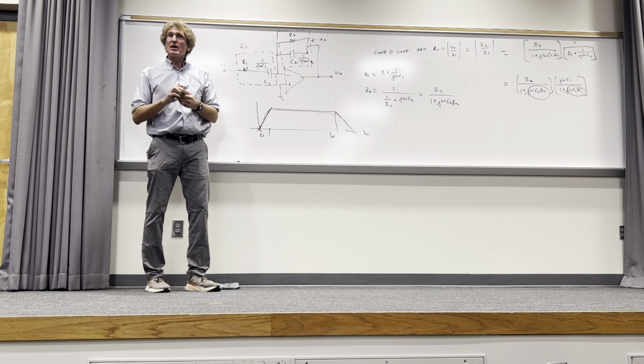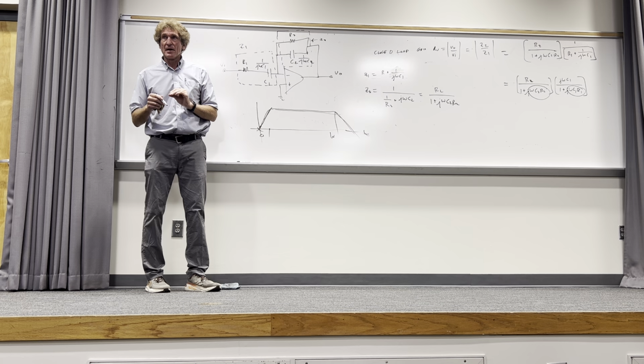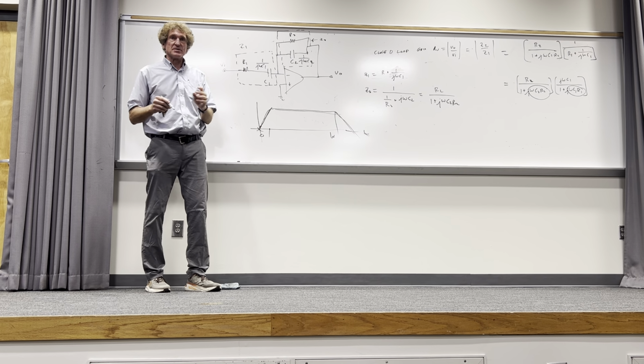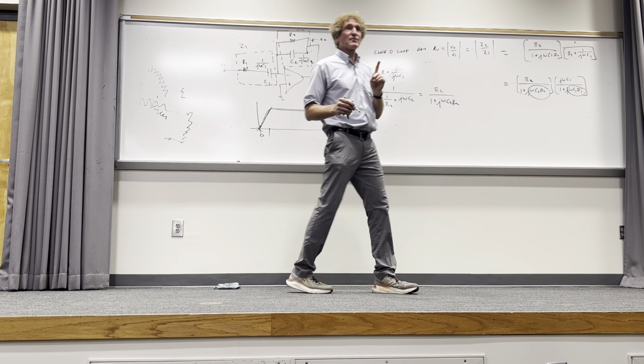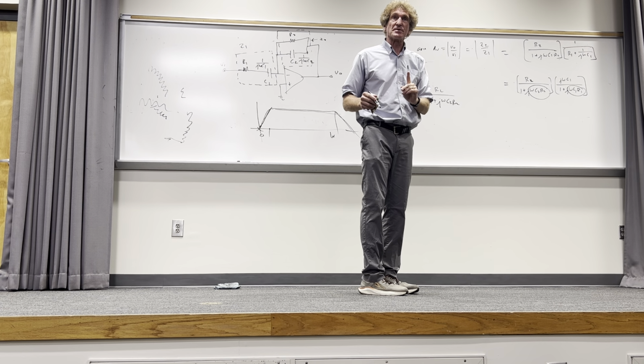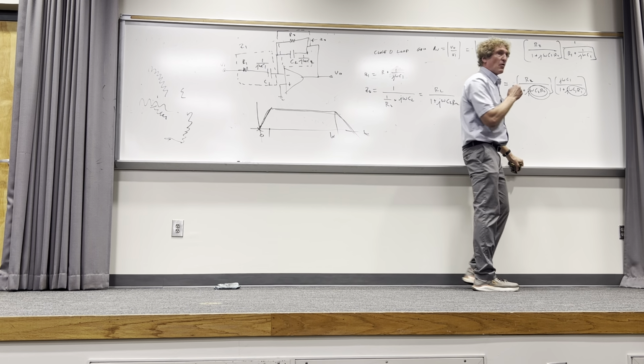All right, now, hear me on this. So the question is this: how do we find out where these frequencies are? You don't know just by looking at that. So what you have to do is evaluate these two frequencies. I have to figure out where that goes to 1.